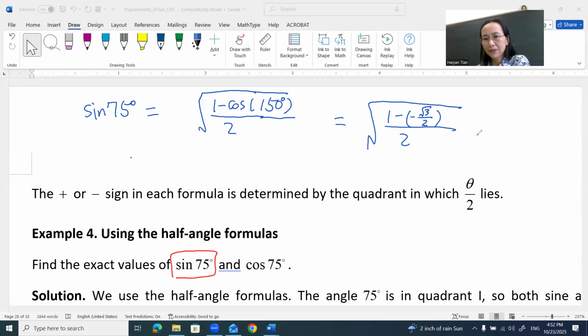So now we have 1 plus, because 1 minus negative of this number is 1 plus this number, over 2, and the overall square root. However, you can still write it as, because 1 over 2, right?